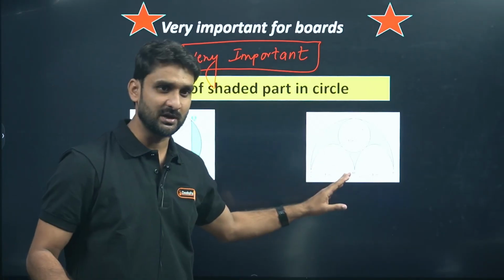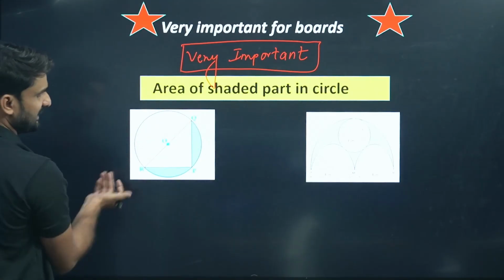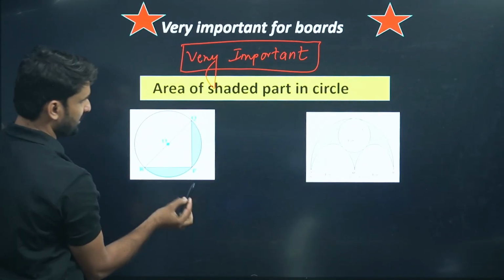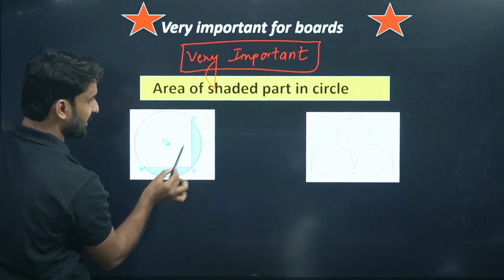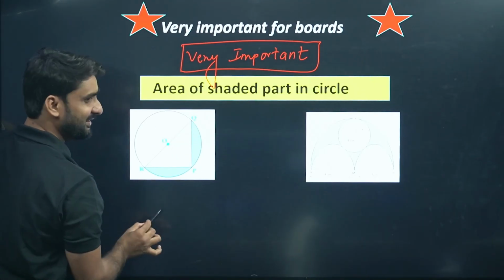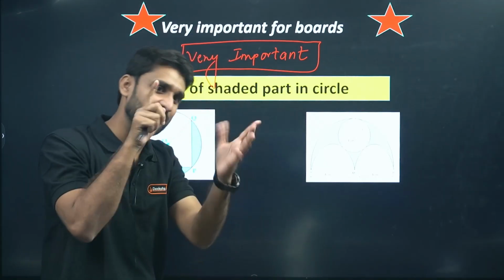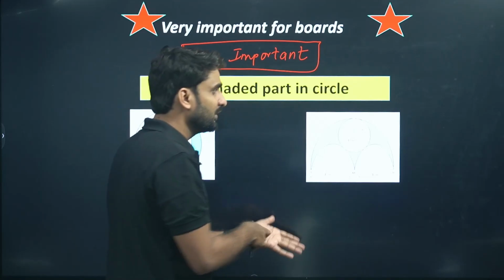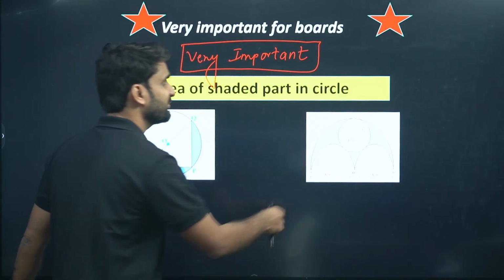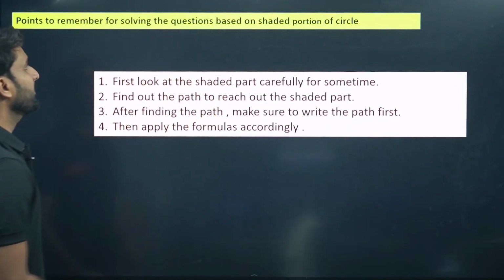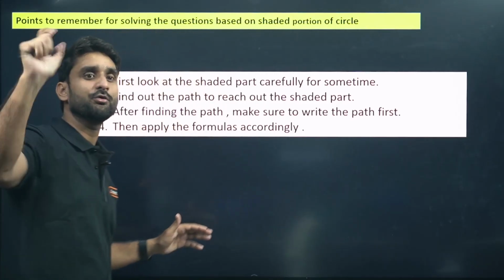So let's say this is the diagram, and this is a circle and this is the shaded part, and I'm asking you to find the area of this shaded part. The design will be creative and complex, and you have to find the area of the shaded part only, right? You have to be very focused in such questions, because they require complete focus. So I'm giving you some tricks to tackle them.